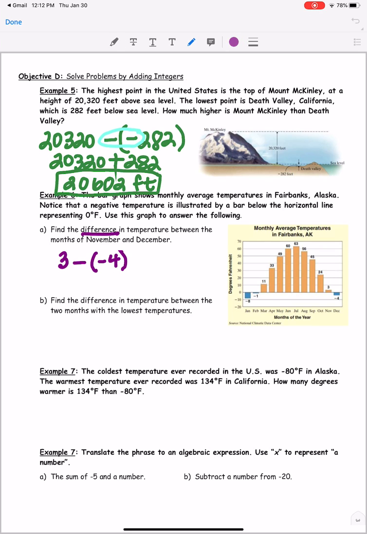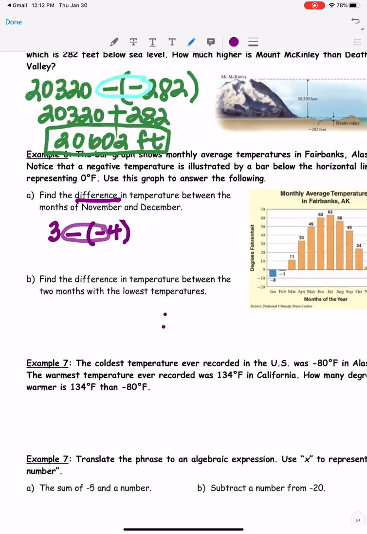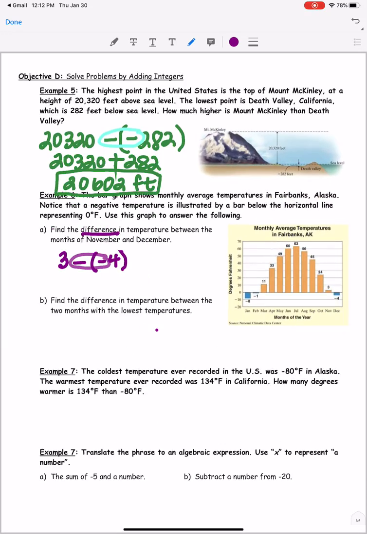So again, we got a double negative here. So this becomes 3 plus 4. This is just regular adding. So we get 7. So we got 7 degrees Fahrenheit. Put that unit back on there.